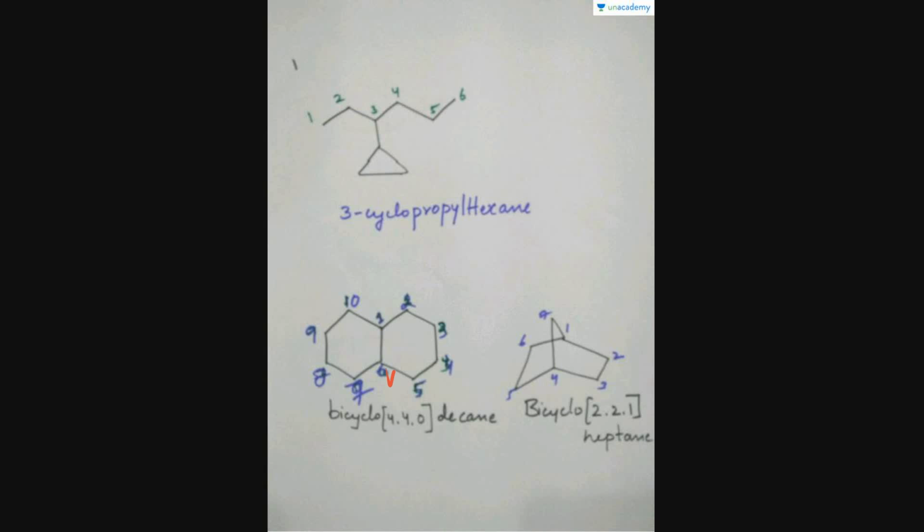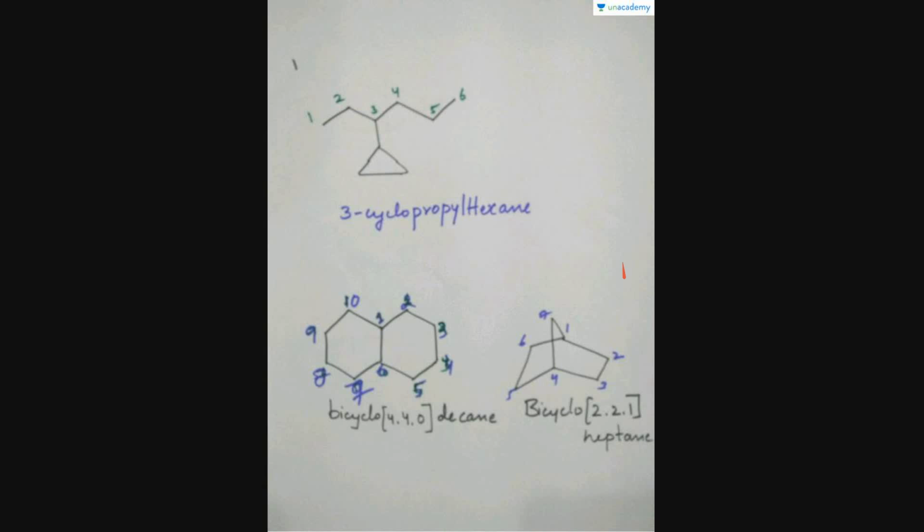We have 10 carbons in this bicyclo compound, so we write it as decane, and we mention the prefix as bicyclo. We have 4 carbon atoms in this bridge, and 4 carbon atoms in this bridge, and no carbon atoms in this bridge, so it is 4.4.0. We have to mention them in brackets, that is 4 dot 4 dot 0. We write them in descending order.